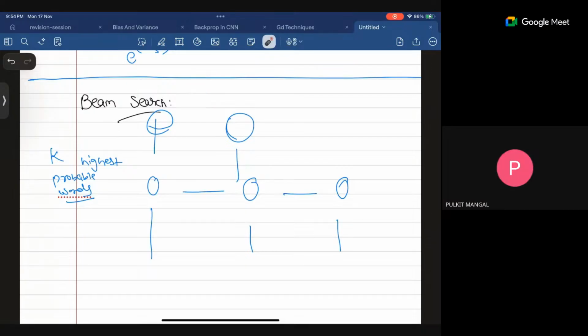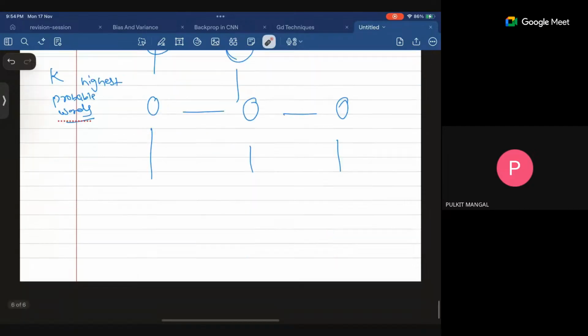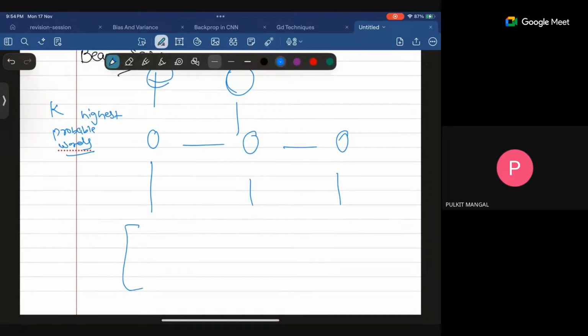Okay. Let me repeat. Currently, for one word that we are feeding as input, we pass it through the layers of hidden state, and then we have the output layer. In the output layer, we apply the softmax. Whichever word has the highest probability: let's suppose we have only three words in our vocabulary, I, love, DL.